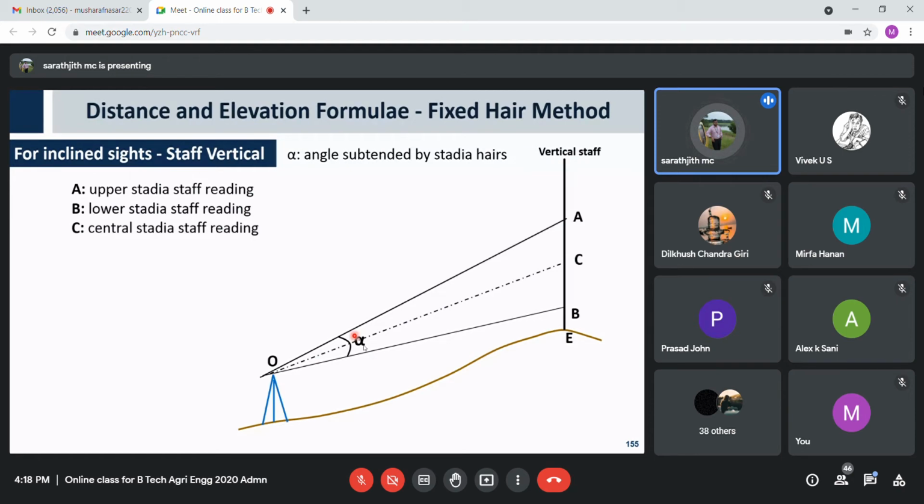Next, imagine this dotted line. This is the horizontal line: if there is no inclination, or if your tachometer is perfectly horizontal, you will have this line, and it is perpendicular to your staff. We have represented the point F as the imaginary point of intersection of the vertical line of the staff with the horizontal.